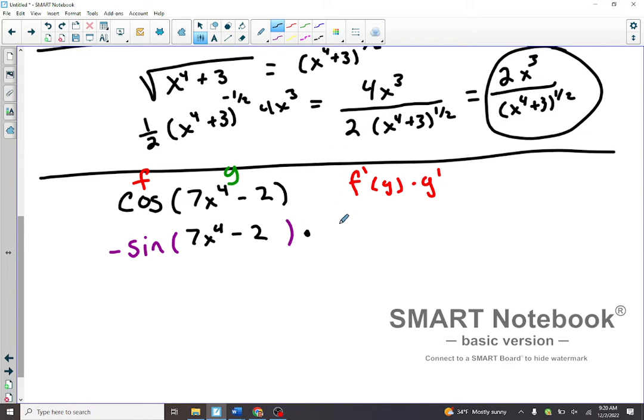Good, but times, not minus, but times 28x to the third. There's nothing you could really simplify. If you left it like this, you would get full credit. I would just rewrite it like this: negative 28x to the third times sine of 7x to the fourth minus 2.